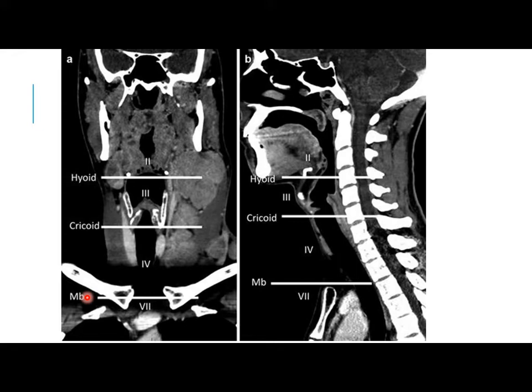Actually, lymph node enlargement is an important entity in a CT scan of the neck. It may give us an impression of the underlying condition or cause, whether it is due to a malignant cause, an inflammatory cause, or any other reactive cause.